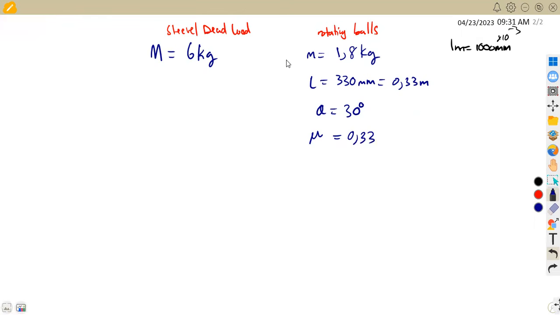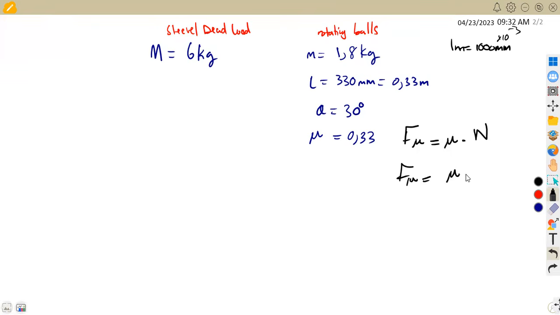Remember, the coefficient of friction helps us to calculate the frictional force. From your engineering science, we say the frictional force can be calculated from the coefficient of friction times the normal reaction, or the weight component in this case, which is mass times the gravitational acceleration.